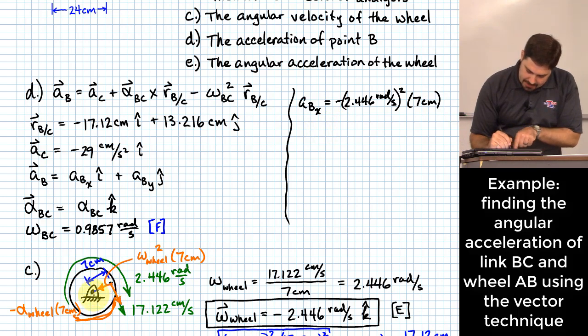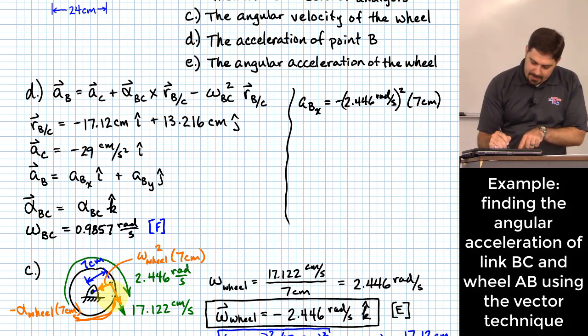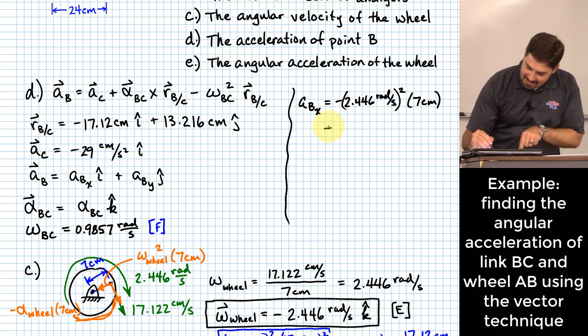And then we need to add to that the contribution of the tangential component, which is going to be equal to a positive, but then it'll be a negative, right? So it ends up being a negative alpha wheel times 7 centimeters, right?